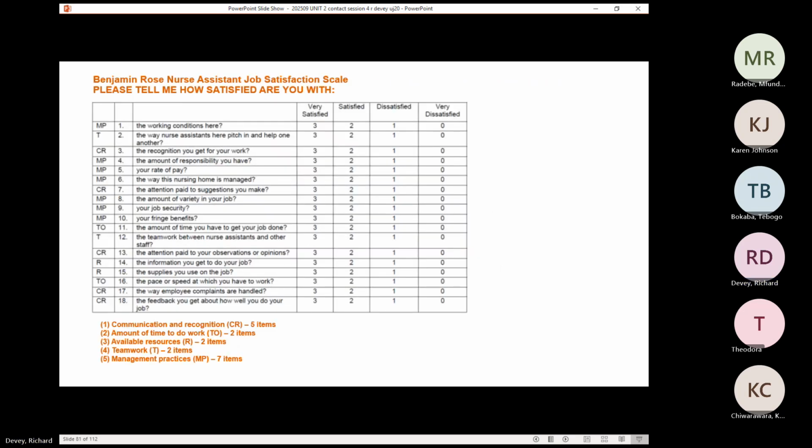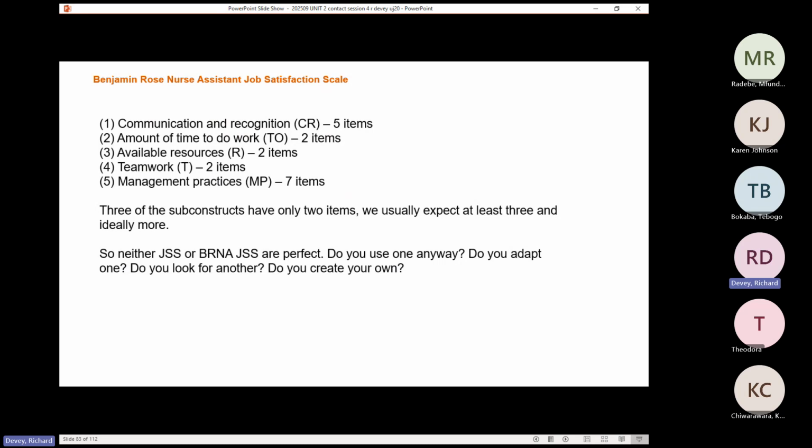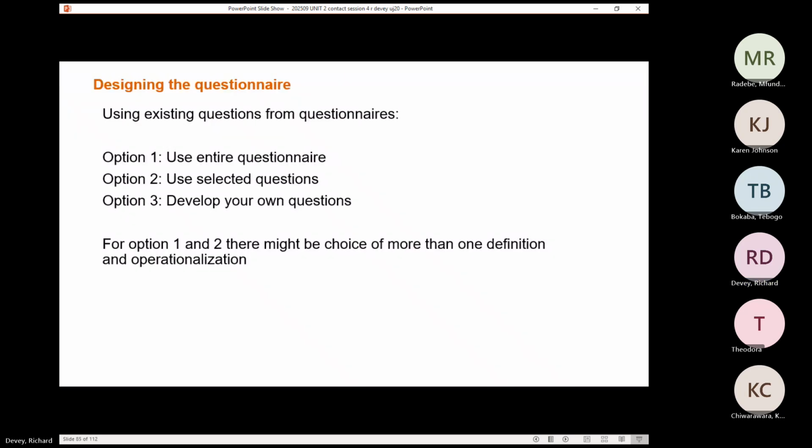And then with this one here, I'd say, okay, a lot of these subcomponents only have 2 items. I would like to have more, or find something which measures those a bit more convincingly. So that's the kind of analysis that you need to be able to do with a questionnaire.